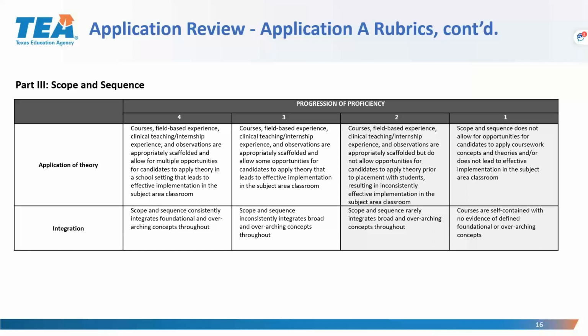By providing coursework that allows the candidate to practice teaching before working as a teacher of record, the program is helping to set up the candidate and their future students for success.